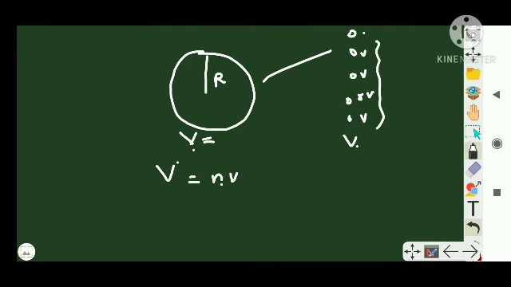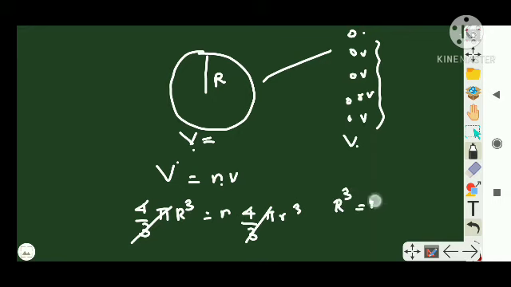So I can write the volume of the larger drop as 4 by 3 pi capital R cube, and the volume of a single drop will be 4 by 3 pi small r cube. So I can cancel these, and write R cube is equal to n into small r cube, or capital R is equal to n raised to 1 by 3 into r, right?